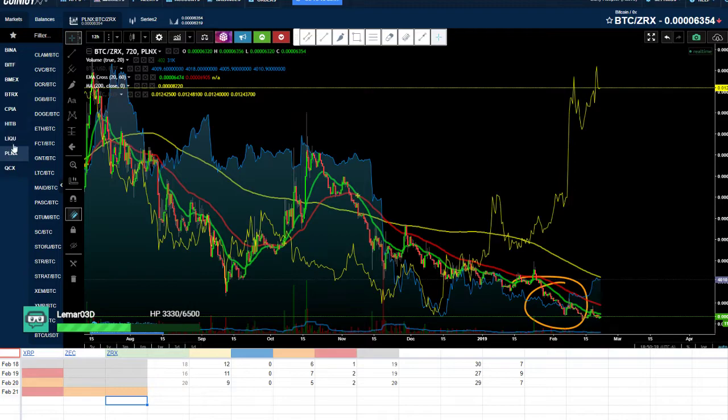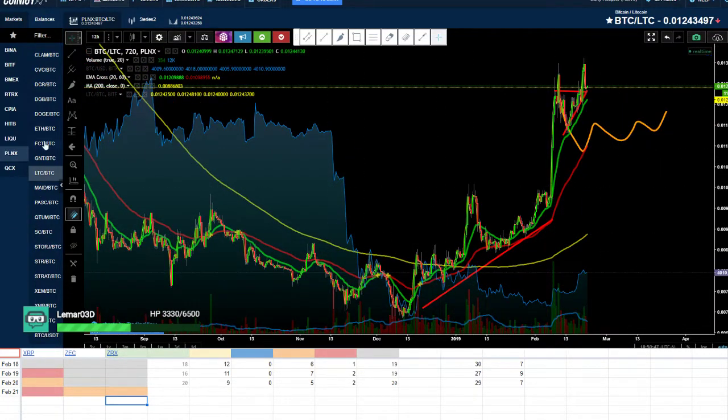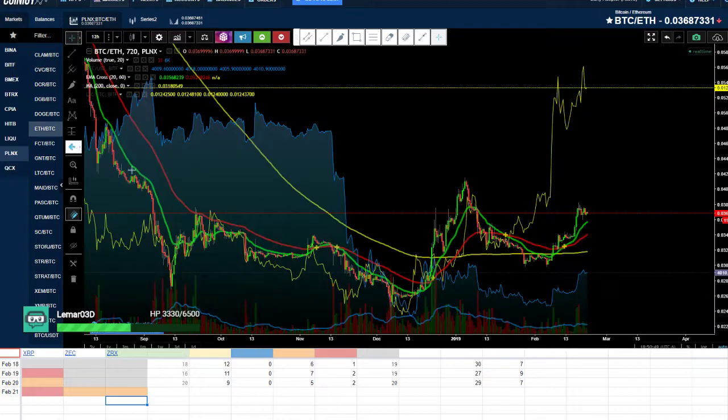So for example, if I shorten this down and I look at Litecoin, sure, looks good. Matches right up perfectly. If we look at Ethereum, now we're looking at Bitcoin, Ethereum, and Litecoin to see what they've done relative to each other.